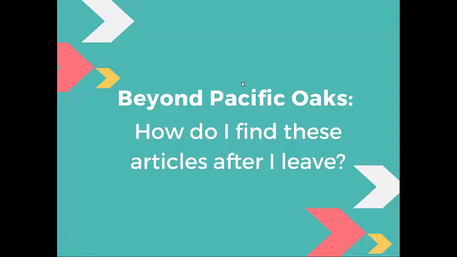So there are two different kinds of libraries that I highly suggest you looking for. The first one is a public library. The good thing about making these complete citations is you should be able to go to any public library and say, I would like access to this article.